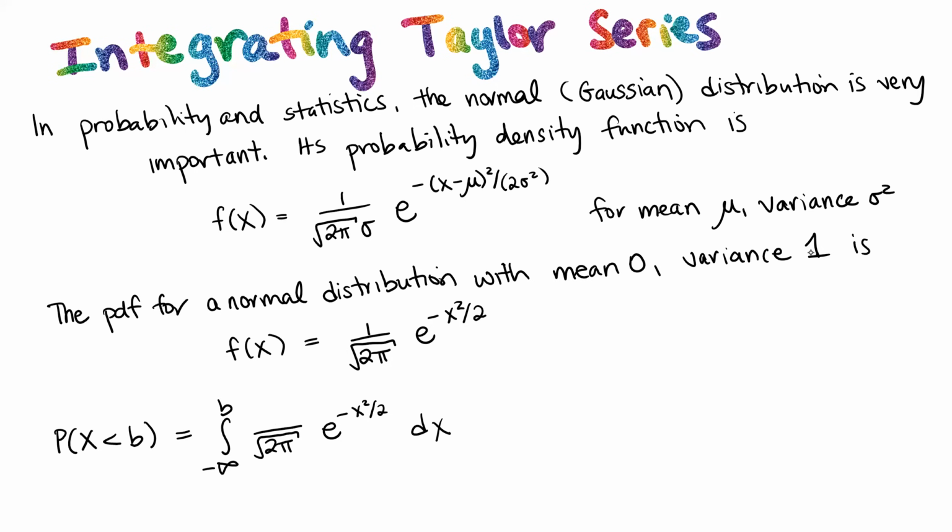But since we are just looking for calculating a probability, then we would not be able to use substitution. And instead, something that we could do is create a Taylor series for our integrand, and then we could integrate our Taylor series. So that's what we're going to do in this video here.